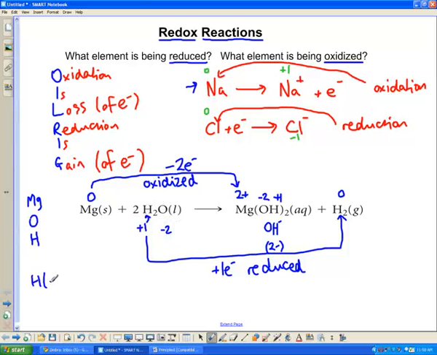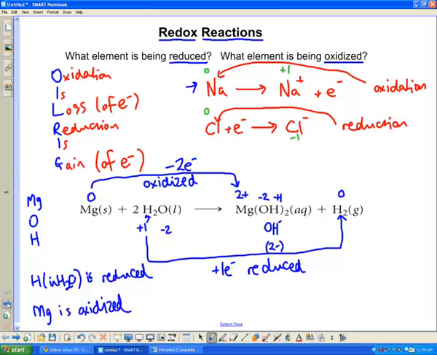So the hydrogen in the water is reduced. The magnesium is by itself, so it's not in anything. The magnesium is oxidized. Alright? And that is the way to figure out what's reduced and what's oxidized.